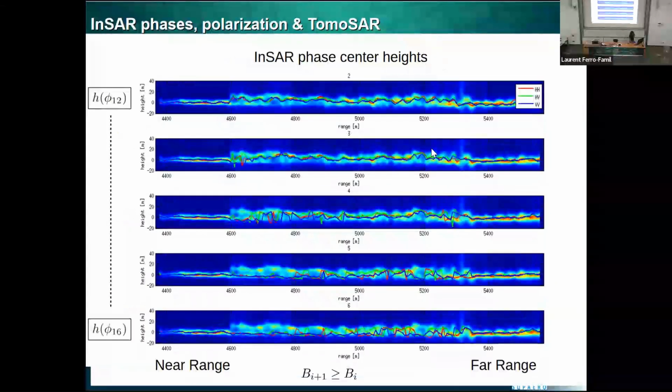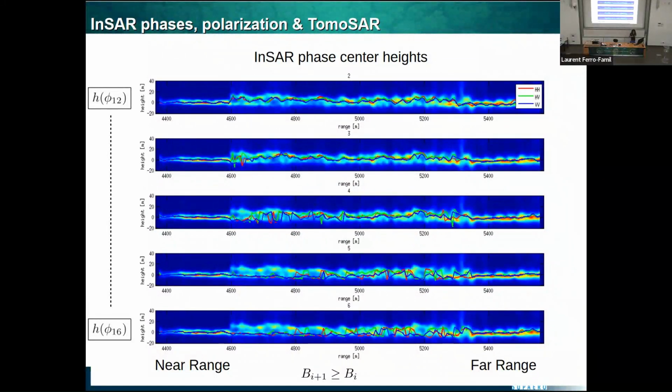Here we just tried to represent the phase center height for the different baselines. This is for the first baseline between the first image and the second, first image and the third, first image and fourth, fifth, sixth image. And we just took the phase. Of course, we had compensated the ground elevation, so the phases are not wrapped anymore.